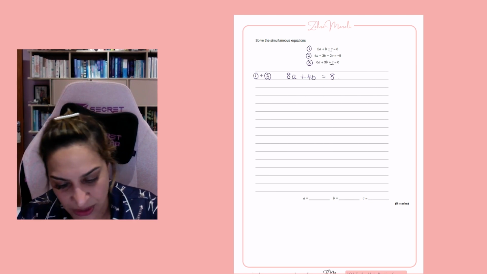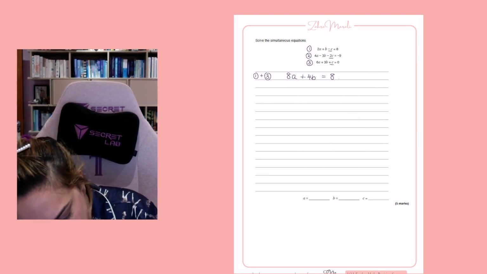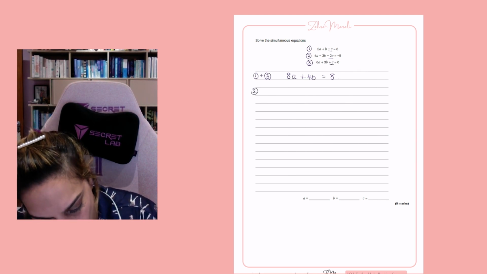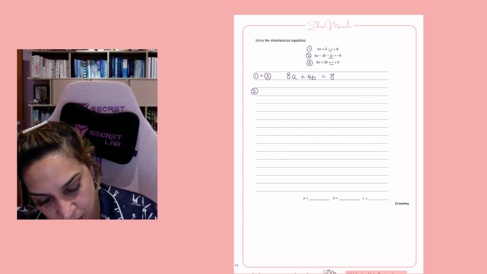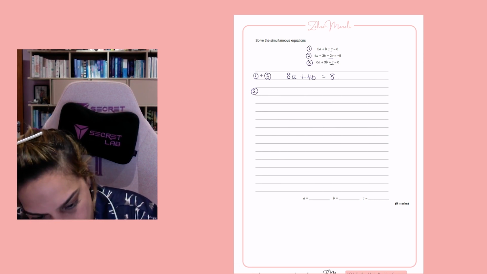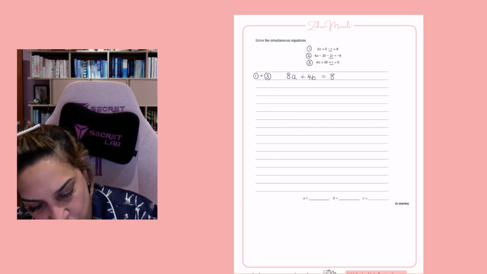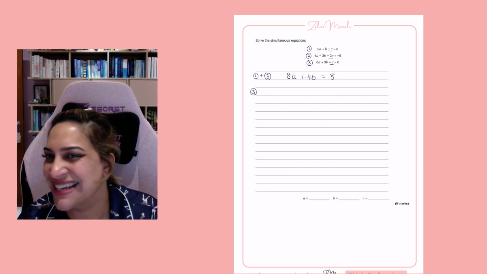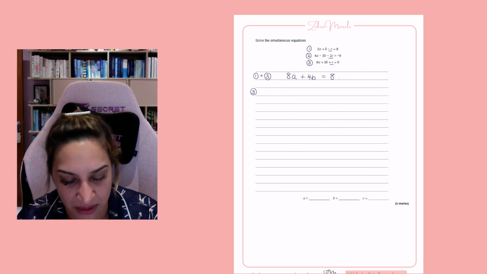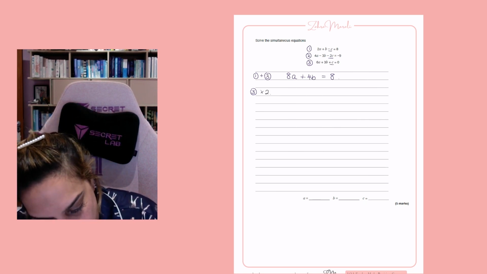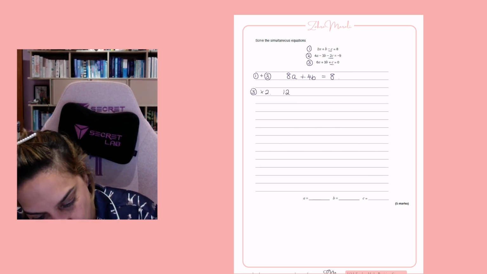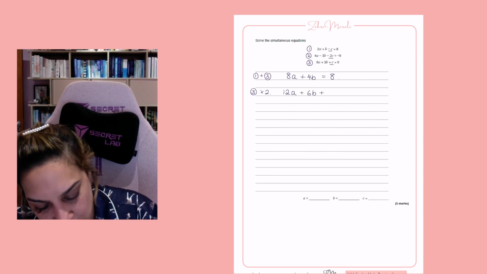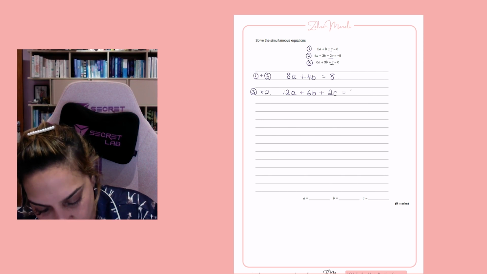And then the next one, I want to get rid of the c from here. So I could do equation 2. I could take equation, let's do this actually. Let's take equation 3. I just think adding is easier than taking away, then you're not thinking about the minus and the minus. And I'm going to multiply that by 2. So that gives me 12a plus 6b plus 2c equals 0.